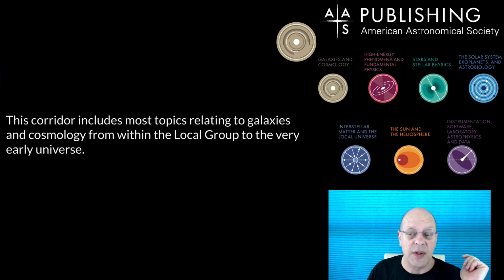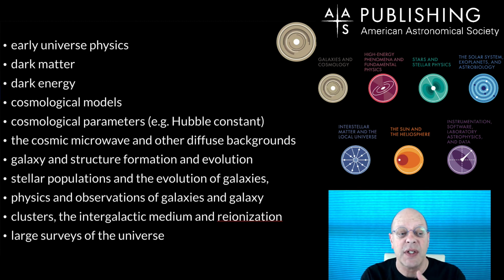Topics that go down this corridor are very early universe physics, dark matter, dark energy, cosmological models, cosmological parameters, e.g., for example, the Hubble constant, the CMB, cosmic microwave background, galaxy structure and formation and evolution, stellar populations and the evolution of galaxies, the physics and observations of galaxies, clusters, intergalactic medium, reionization, and large surveys of the universe. So these are topics that go down this topical corridor.